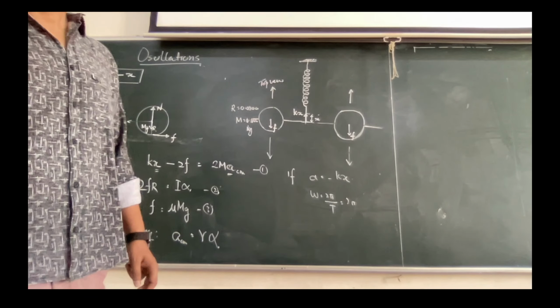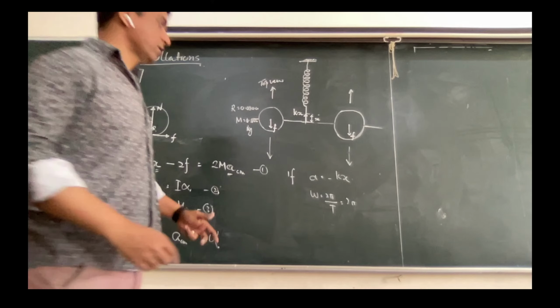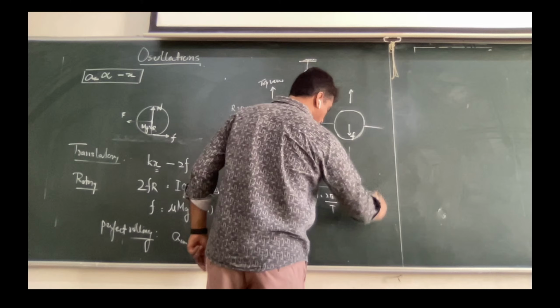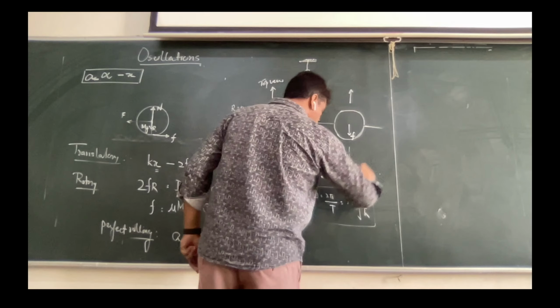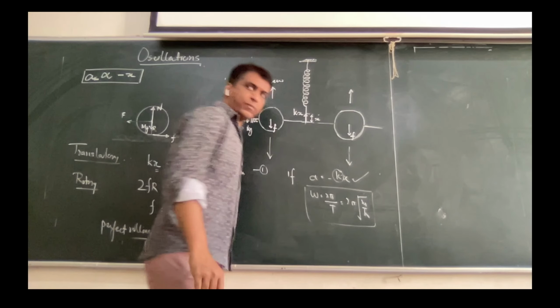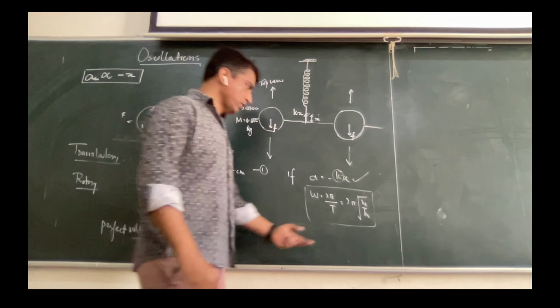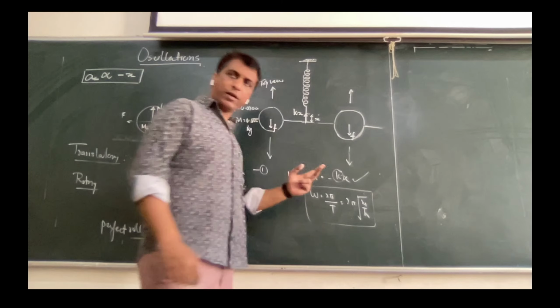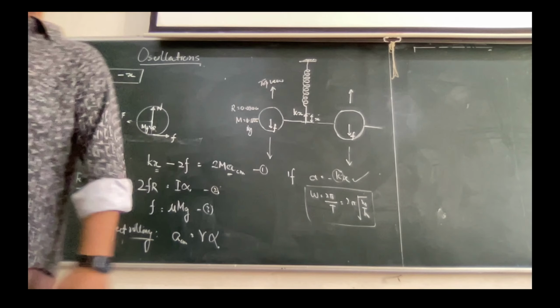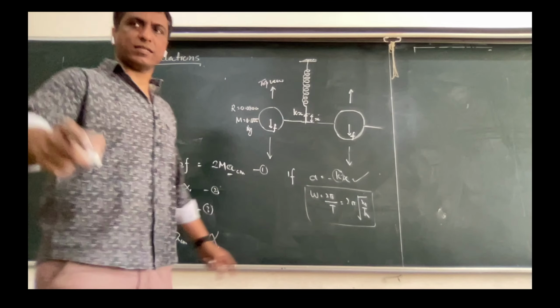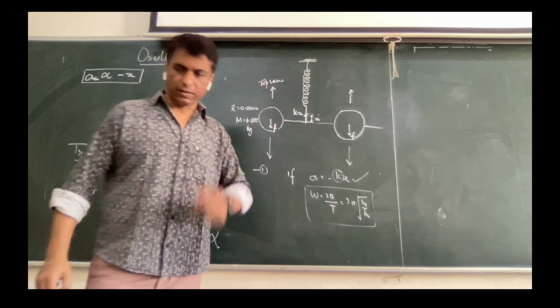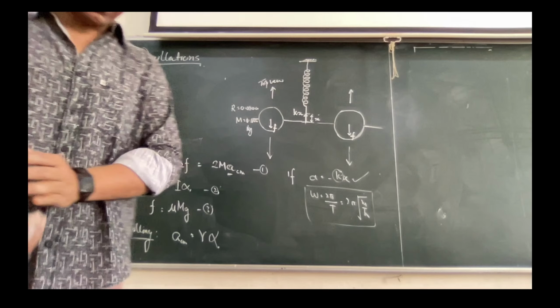Larger the mass, lesser the time period. Wait, larger the mass, larger the time period, so this will become root m by k. This is a general equation. Once you prove this, you can identify k, whatever are the coefficients, and then use it here to determine omega. Correct? Which will eventually, since the question asks what is the time period, give you the time period. Okay.